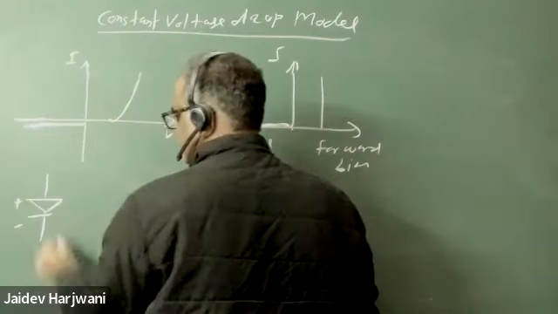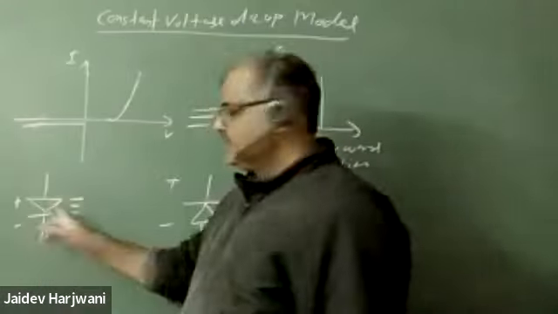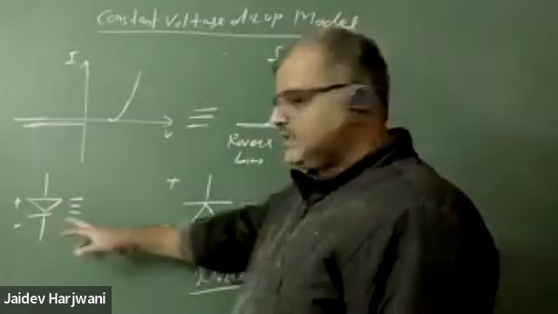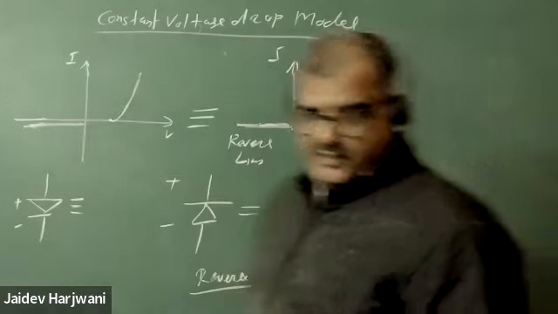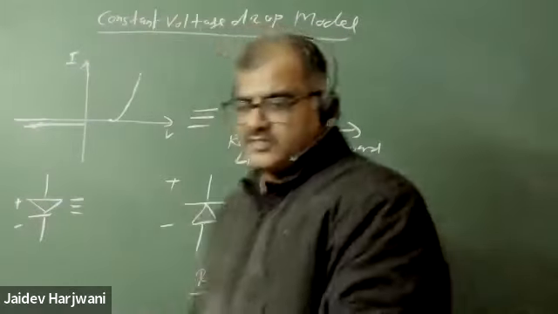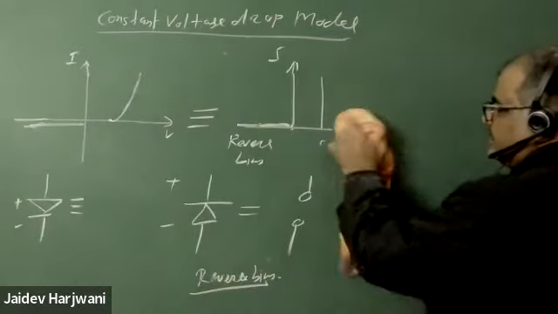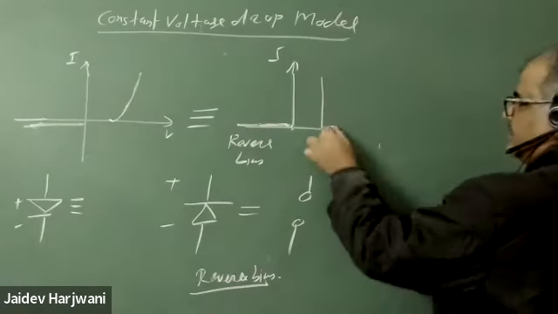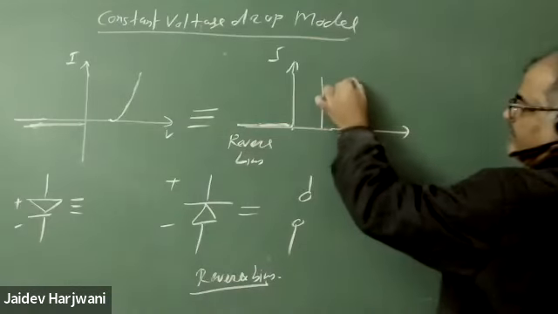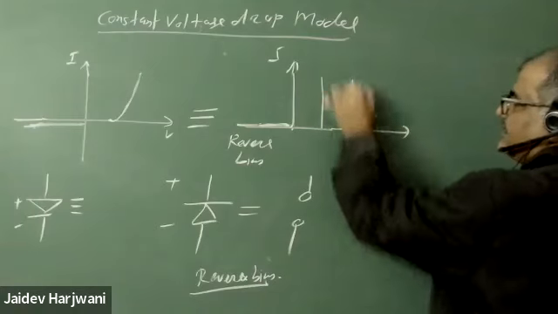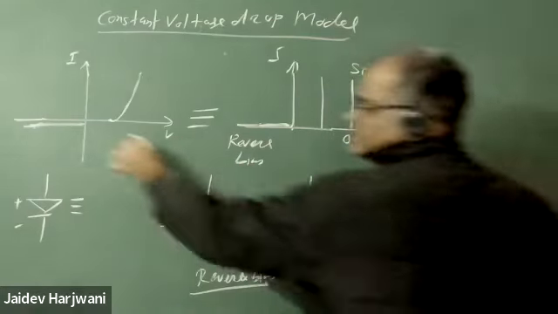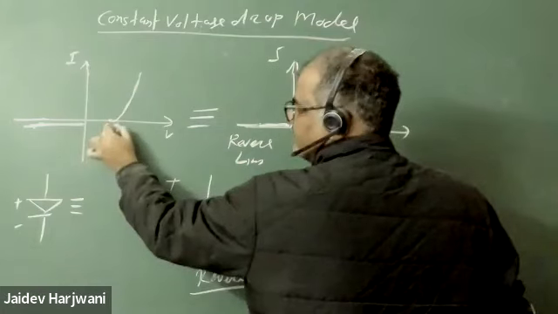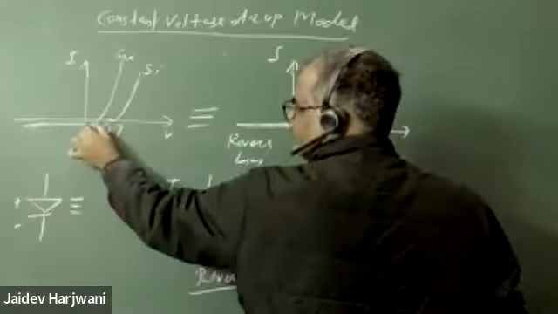Now if it is forward bias, in that case you have to check which material the diode is made of. If it is silicon, then you have to take a constant drop across the diode. They will tell you how much drop to take. If it is a silicon diode, generally the drop is 0.7 volt. For germanium it is 0.3.